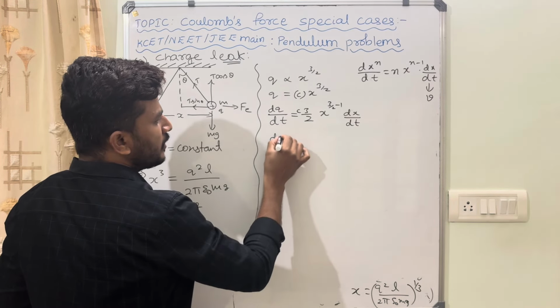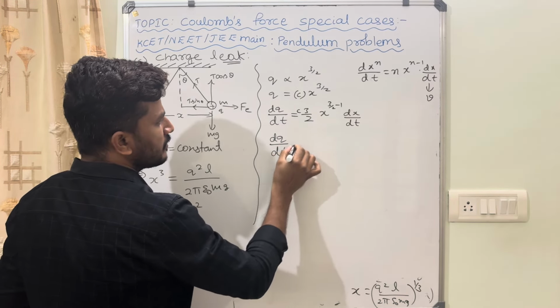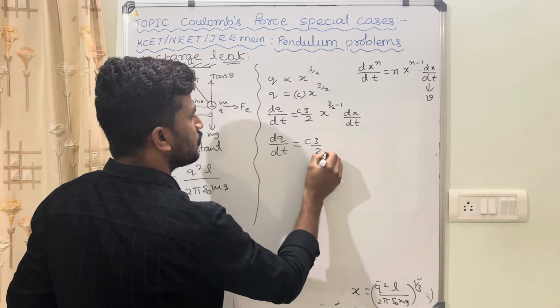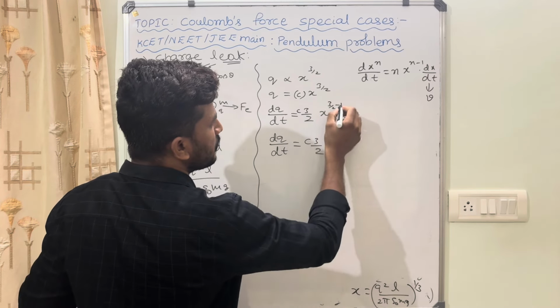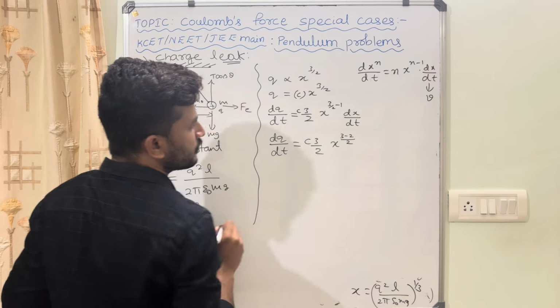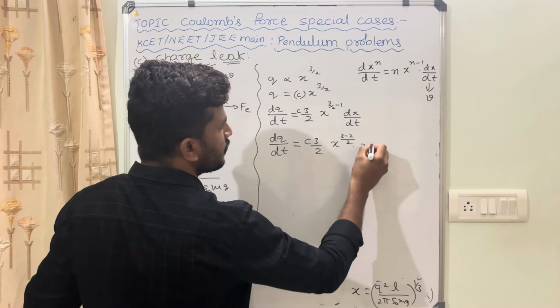So dq by dt is equal to c into 3 by 2, which is a constant, x power 3 by 2 minus 1, that is x power (3 minus 2) divided by 2, into velocity.